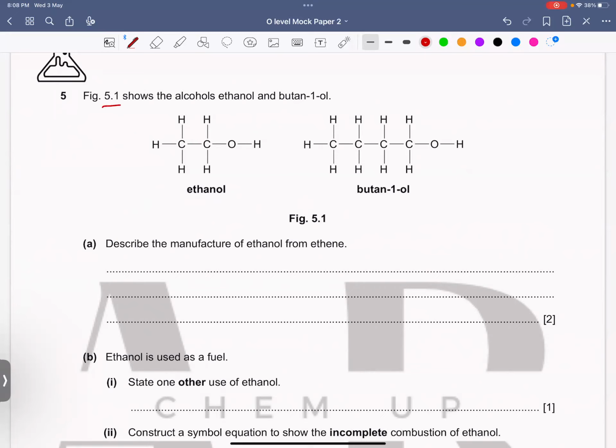Figure 5.1 shows alcohols, ethanol and butanol. Describe the manufacture of ethanol from ethene. To form ethanol, no, fermentation is when we react glucose with yeast, when we mix the yeast with the glucose.